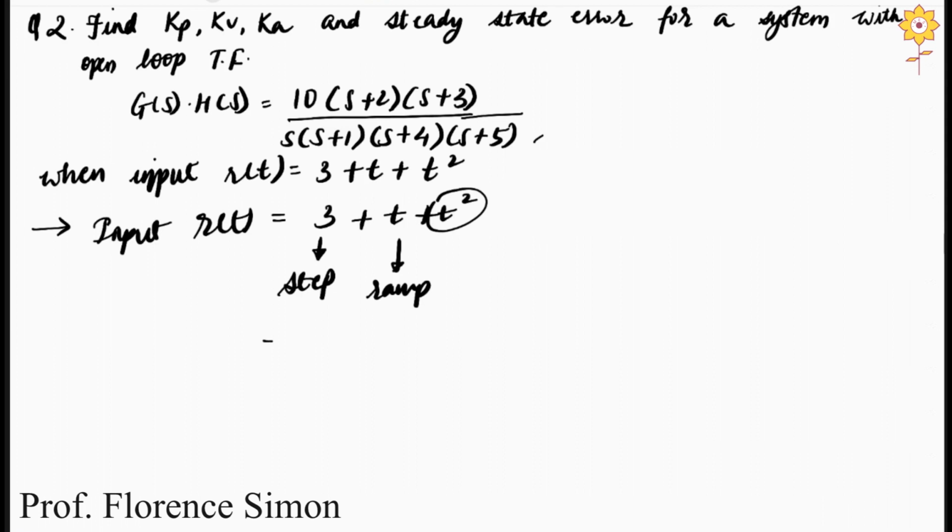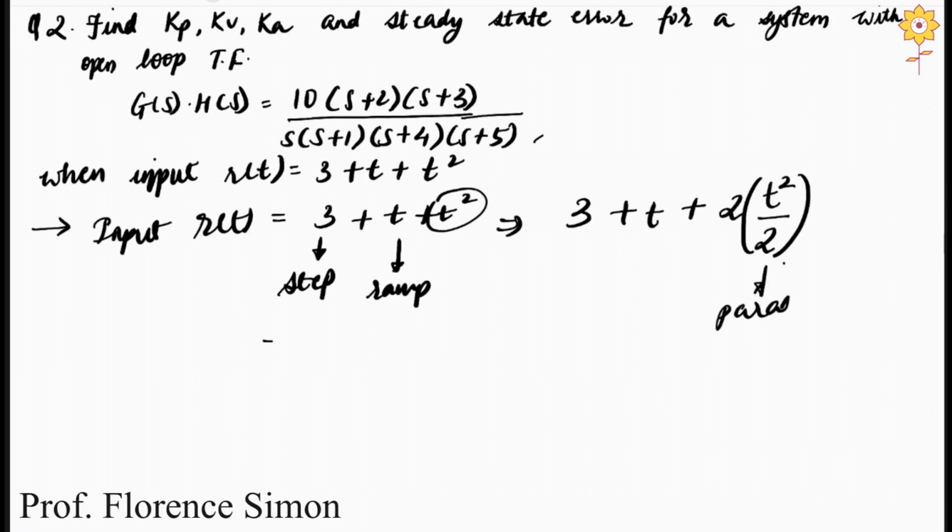So, let us update the equation to this. We will add 2 in the numerator and we will add 2 in the denominator, t square remains the same. So, now what is this? This becomes parabolic input, okay. So, this is step, this is ramp and this is parabolic, okay.